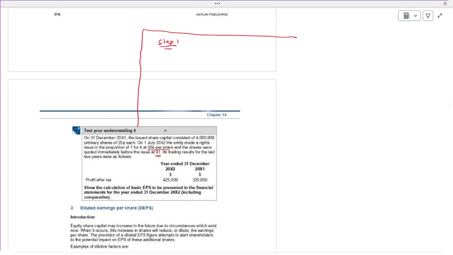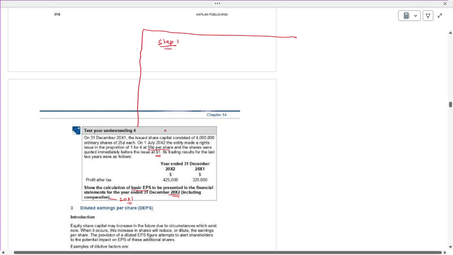Its trading results for the last 2 years are given: profit after tax for 2001 and 2000. Prepare the statement of basic earnings per share for the year ended 31st December 2002, including comparatives, which means you have to show 2001 also.